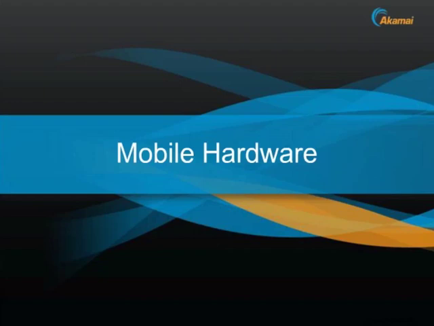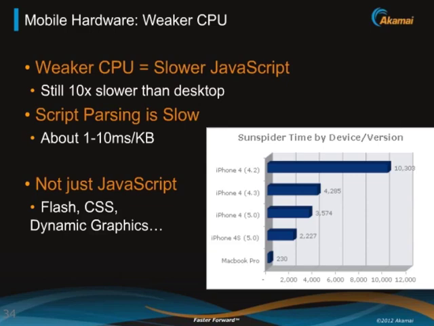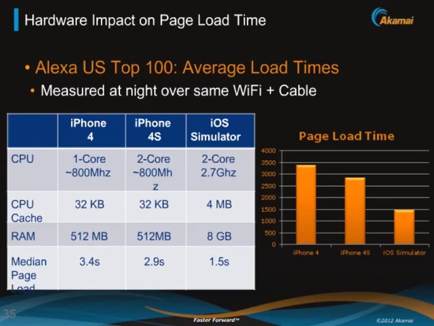Now, there's a common misconception that these types of concern and the JavaScript concern are only applicable to AJAX applications that do sophisticated JavaScript, and that is not the case. What you can see on this slide is we took the top 100 websites in the US based on Alexa's index, and we measured them all over iOS using iPhone 4, iPhone 4S, and iOS Simulator.